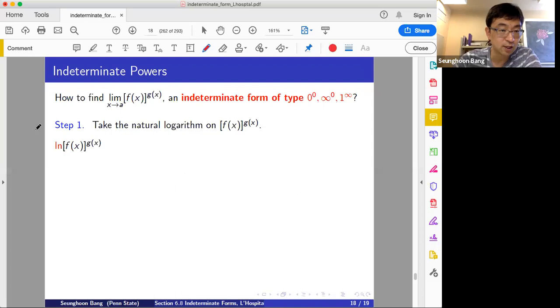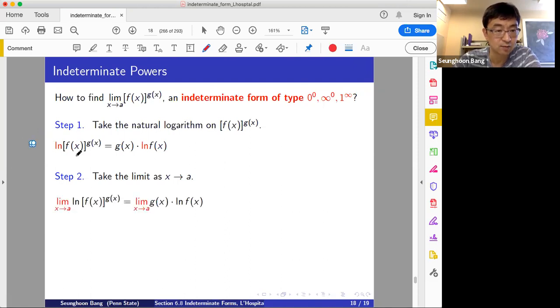The power g of x comes down. We have g of x times ln of f of x. Next, step 2. Take the limit as x approaches a. You can take the limit of both sides.